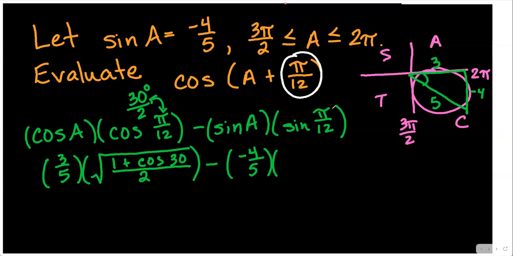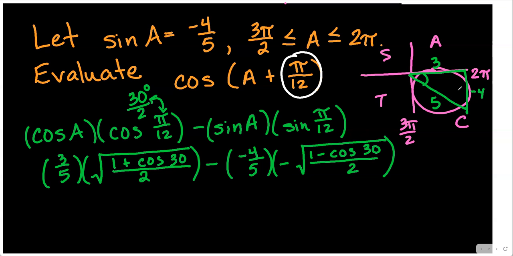And again, using that half angle applied to the sine now would be negative square root of 1 minus cosine 30 over 2, the half angle of sine. So it's that plus or minus, but we knew it had to be minus because it's down here.